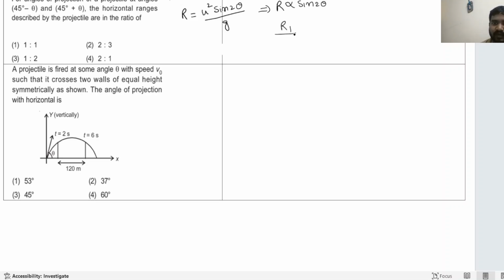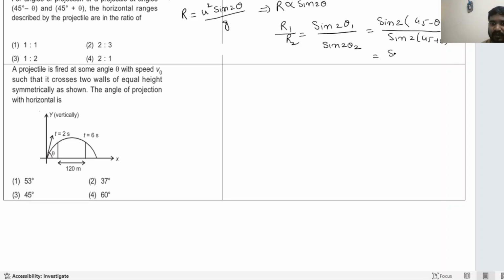Therefore, R1 divided by R2 equals sine of 2 theta 1 divided by sine of 2 theta 2. Therefore, you get sine of 2 into theta 1, which you can take as 45 minus theta, divided by sine of 2 of 45 plus theta.